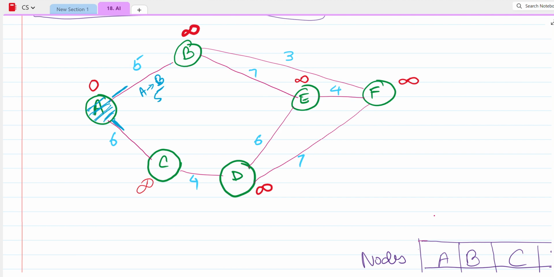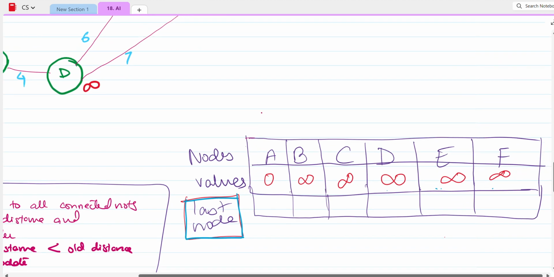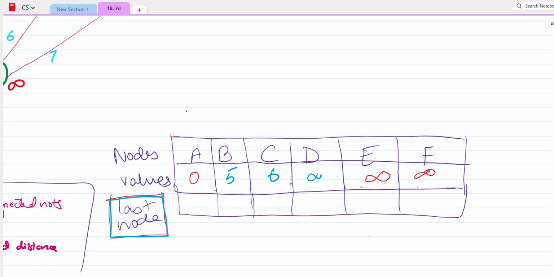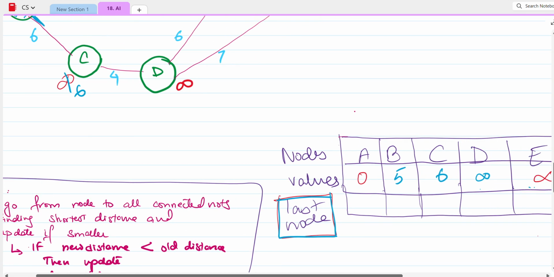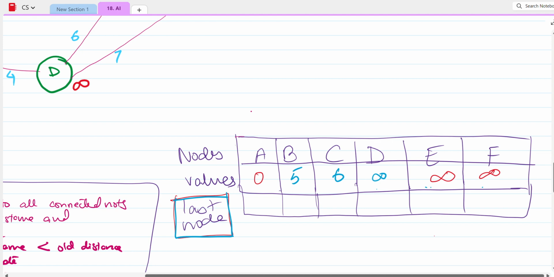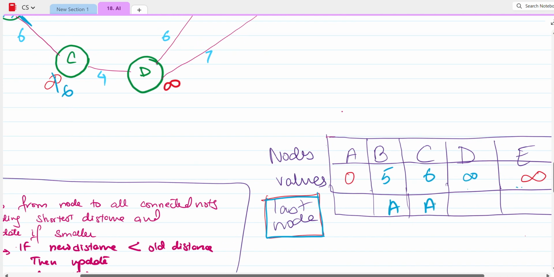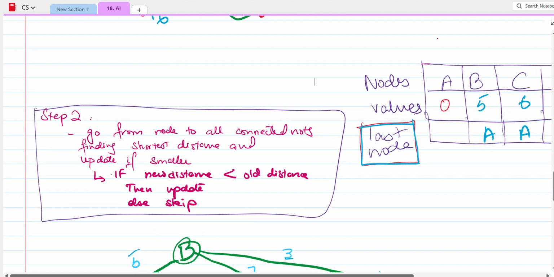So the cost of moving from A to B is 5, so we change this to 5 and this to 6, and you're going to do this over here as well. This was infinity. And the last node that we reached a specific node from, we're going to write over here. Again, this is not required mostly, but this will be useful.